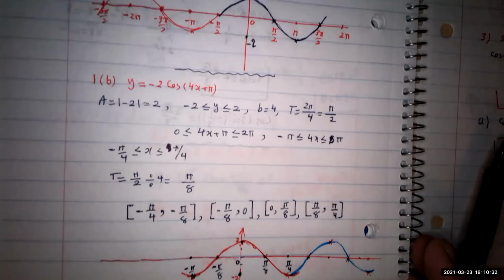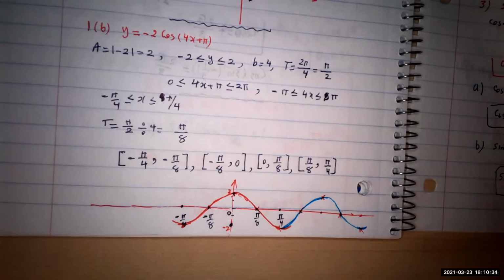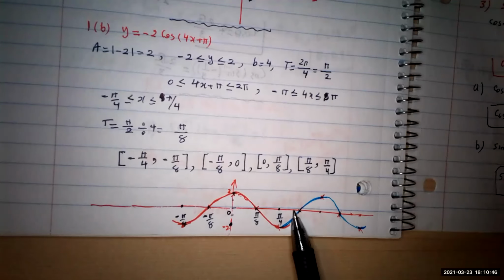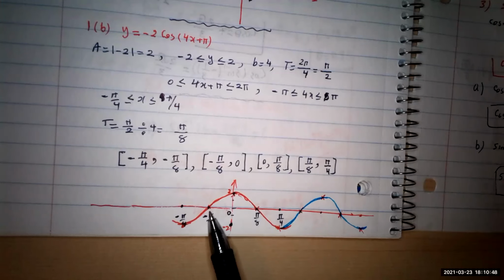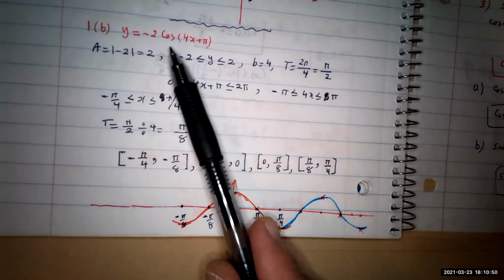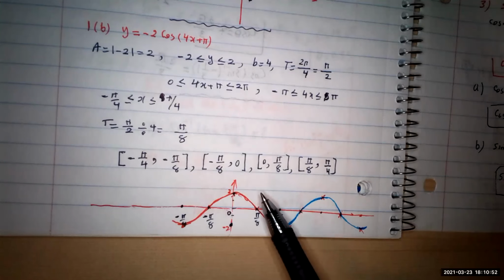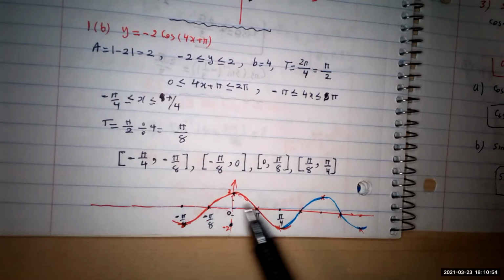So again, that gives you 4 intervals that you're going to be interested in. You have to start from negative pi 4 somewhere here, and divide it into 4, pick 4 intervals, 1, 2, 3, 4. And then you know that this is going to be the cosine. Cosine won't start with the origin or with the x-intercepts.